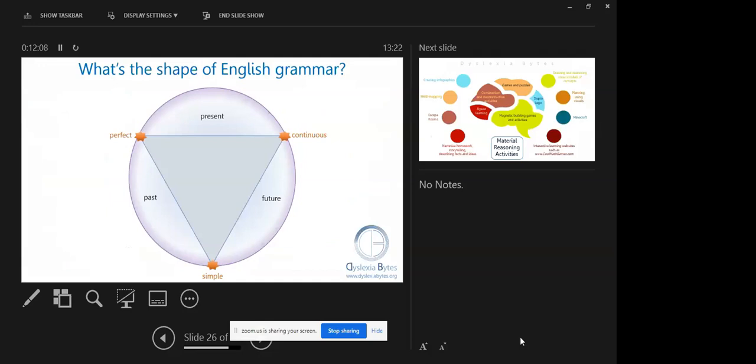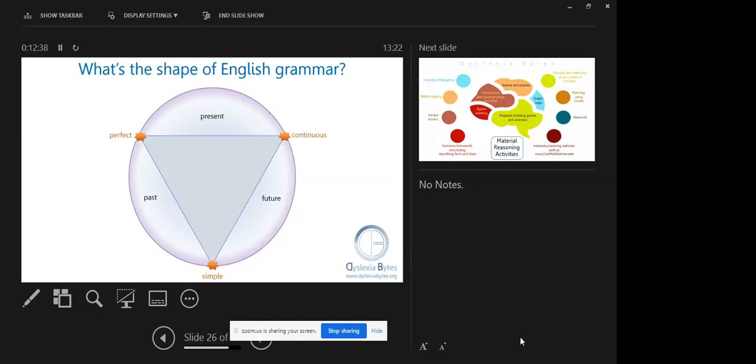And as long as you know what the perfect does, you take a standpoint and you look back in time. I have been to Australia, something like that. So as long as you know what the perfect does and you know how to construct it, I, subject plus have plus the past participle, I have been, I have eaten, I have seen. Then you know that the present perfect is I have eaten, but the past perfect would be I had eaten, and the future perfect would be I will have eaten.